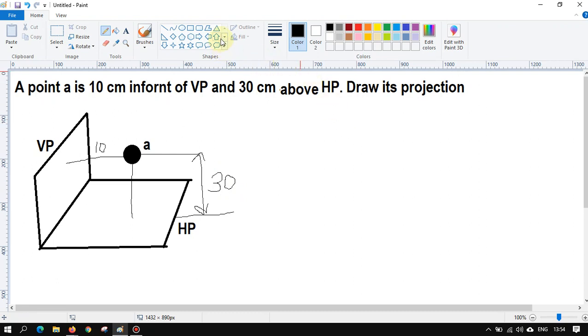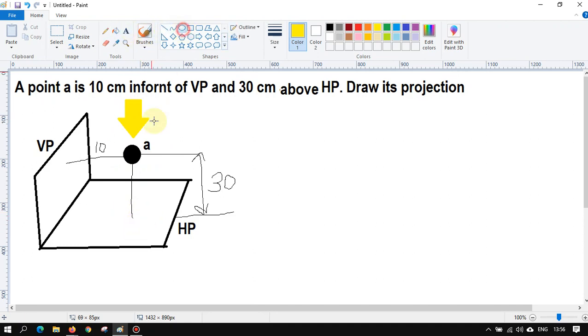Now let us think, as we have done earlier. If we project a light from the top, let us consider this yellow to be a light, there will be a shadow over here.